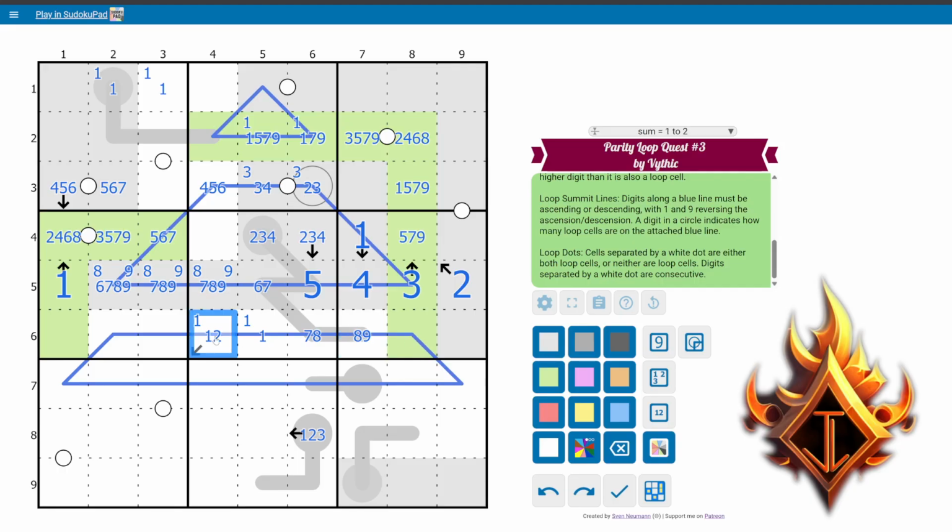So if that is 1, well, that could still be 2, 3, 4. I mean, it's 2, 3, 4, 6, 7, 8, 9, isn't it? That really limits the possibilities.